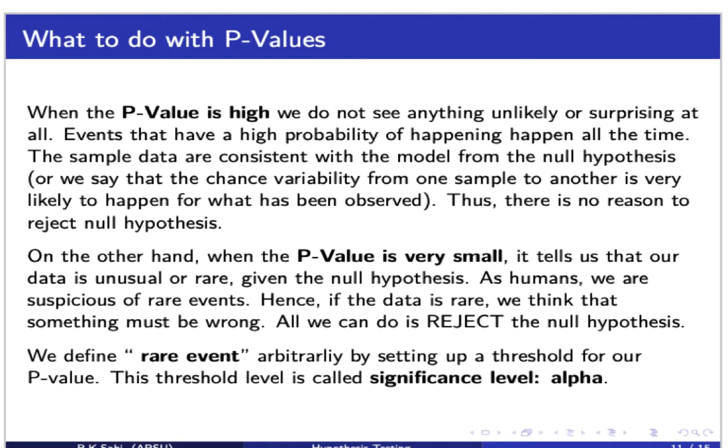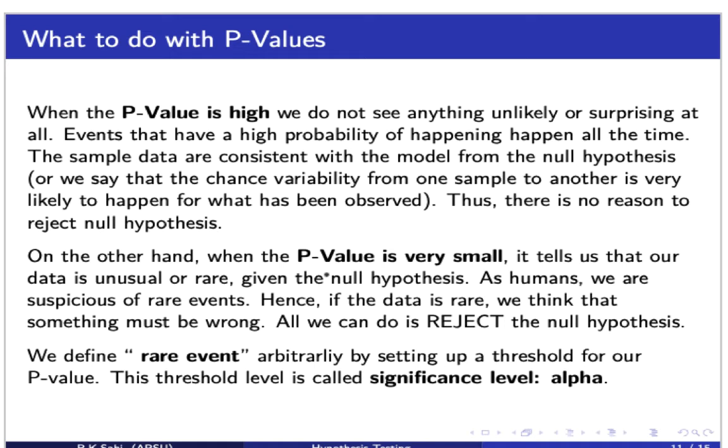That's normal. That's going to happen. There's no reason it's going to affect our null hypothesis. So, big picture, if the p-value is very high, that means nothing unusual is happening. Our null hypothesis is fine. We do not have to reject our null hypothesis.